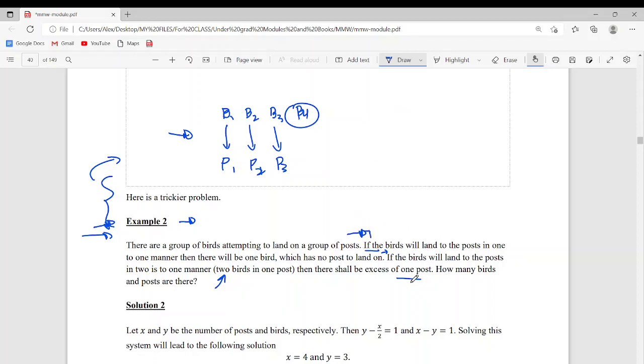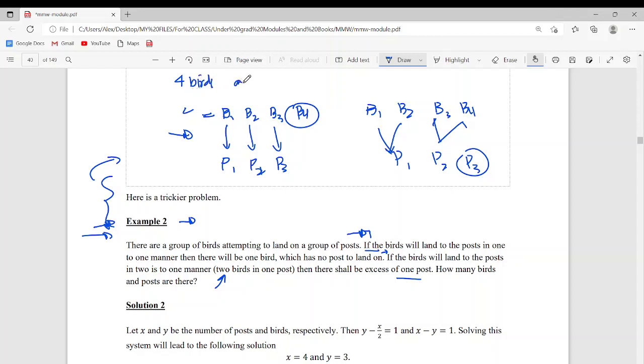The second condition is, with b sub 1 to b sub 4 and p sub 1, p sub 2, p sub 3, in a 2:1 manner, one post is left. So basically we have 4 birds and 3 posts.